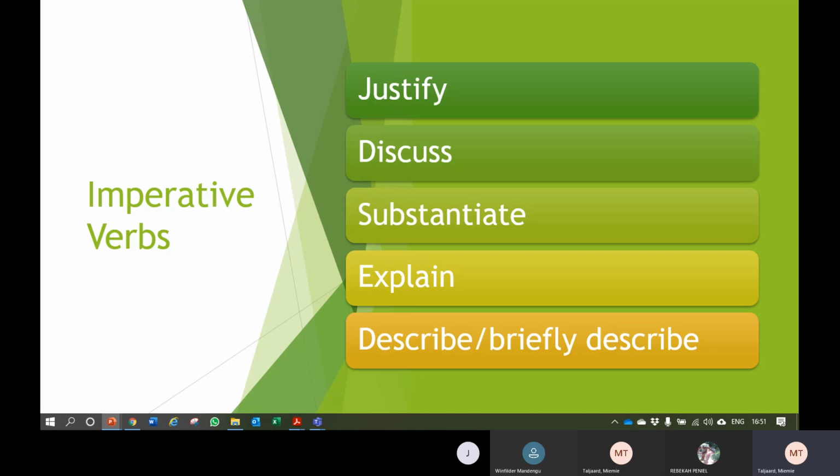I see that in some cases they want you to describe, and in other cases they speak about briefly describe. Briefly is another word for in short. And there you have to look at the mark allocation. I see that they often refer you to your study guides. So the information in the study guide should also give you an idea of how much information you should give.